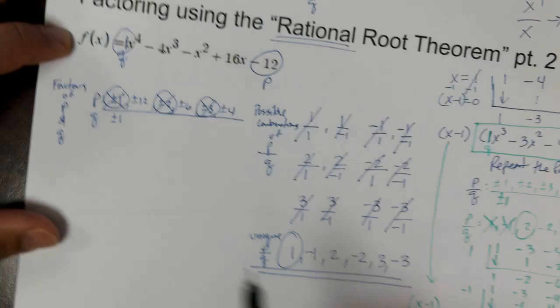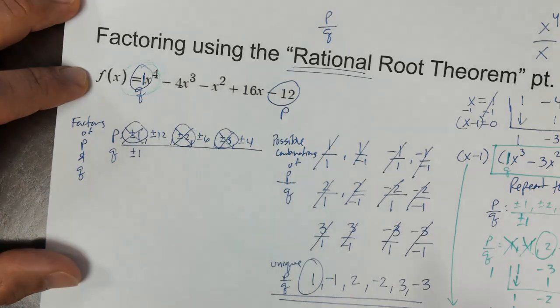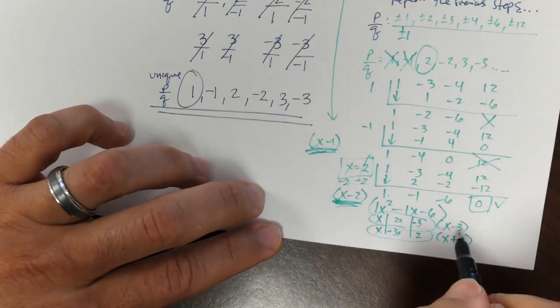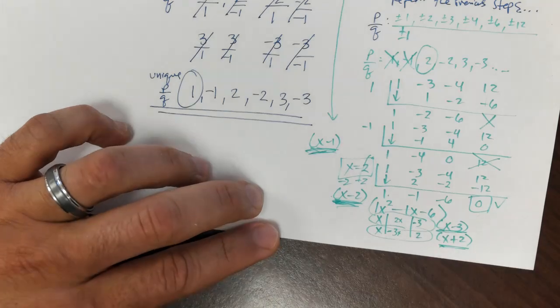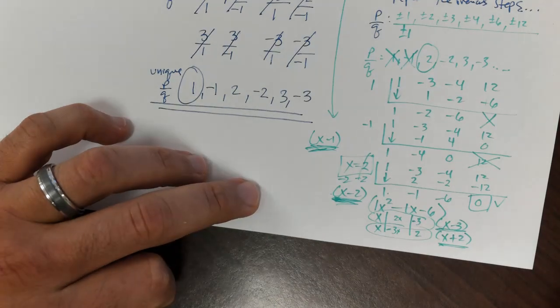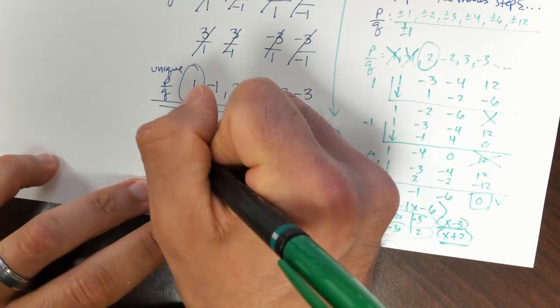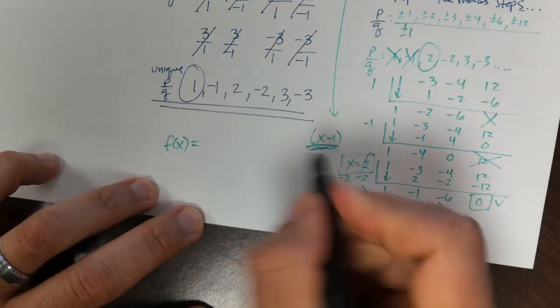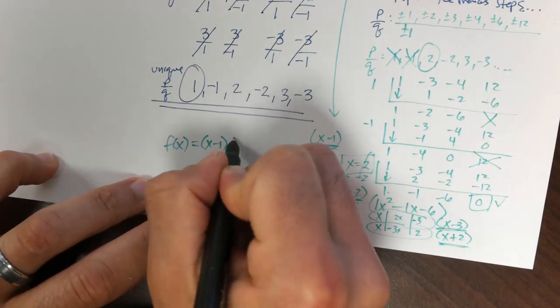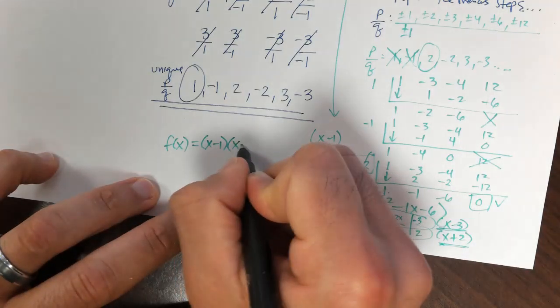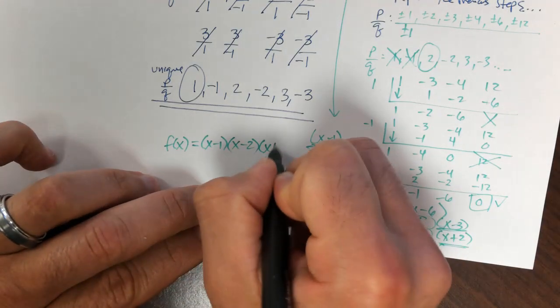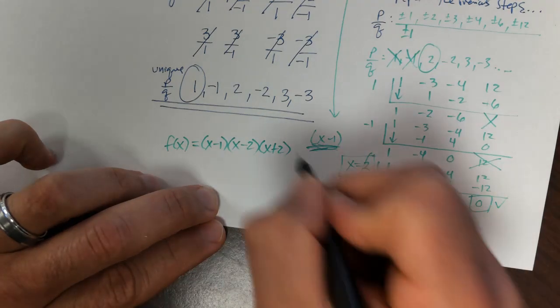So since it's to the 4th power, I'm dealing with 4 factors, right? F of x equals x minus 1 times x minus 2 times x plus 2 times x minus 3.